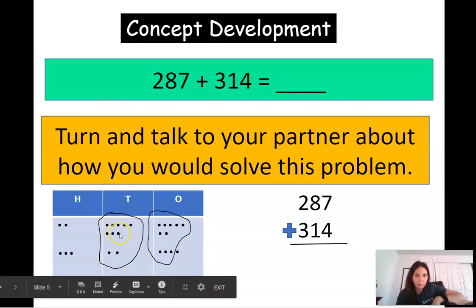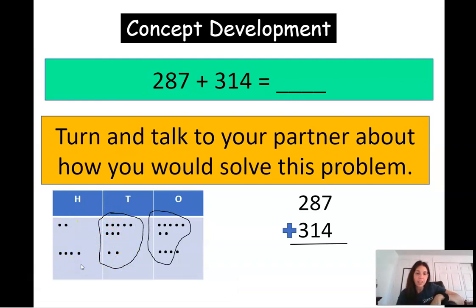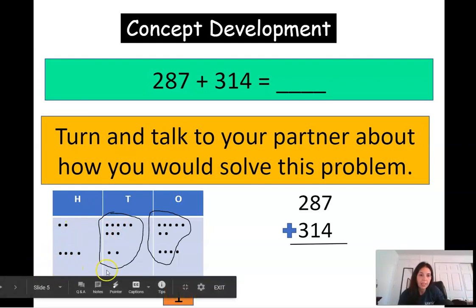We have 8 here, plus 2 more, which gives us 10. So again, once we count to 10, we're going to stop, circle, and we're going to bring it over now to our hundreds place. All right? So then we have 1 left. We have 0 tens.